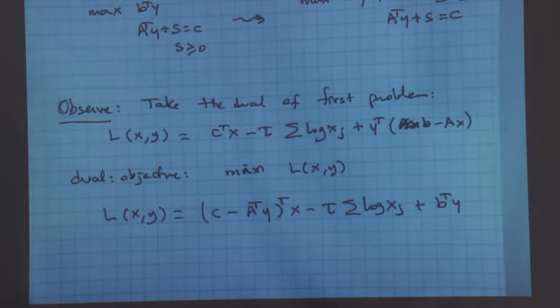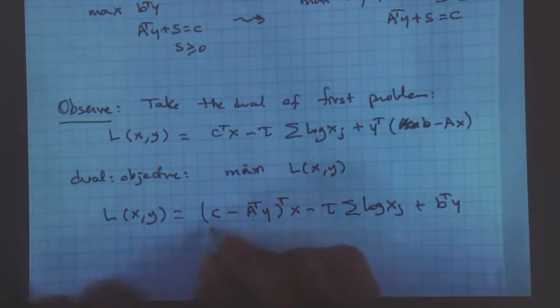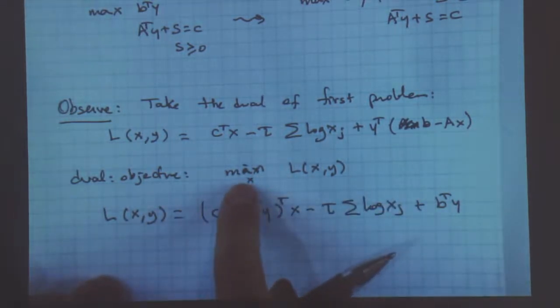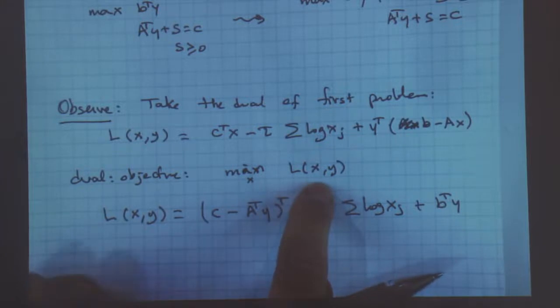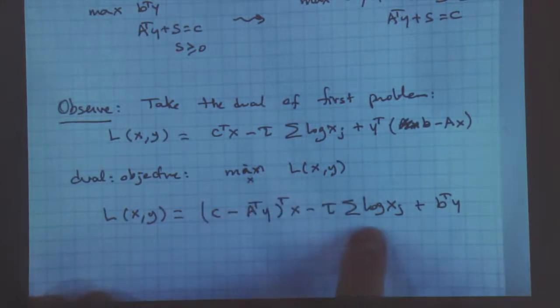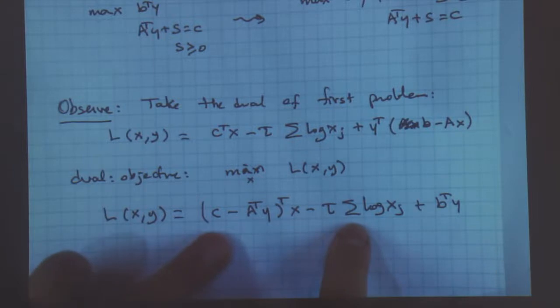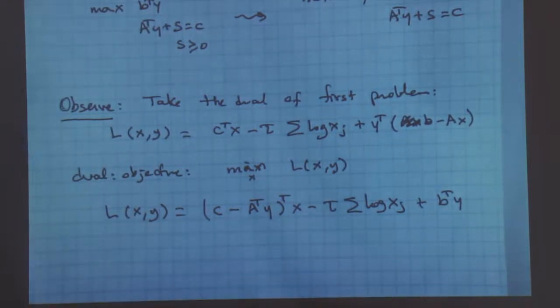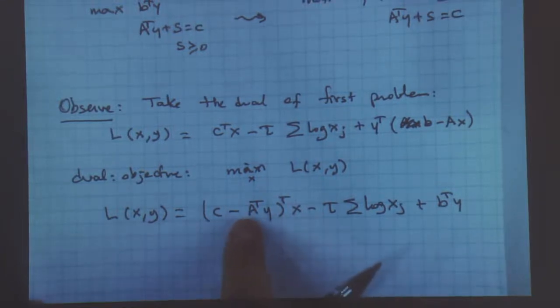All right, so what happens here? The dual objective is this function. So what happens to this dual objective? I need to minimize over x this expression here. What happens if c minus A transpose y has one single negative or even zero component? What do you do to that component of x?